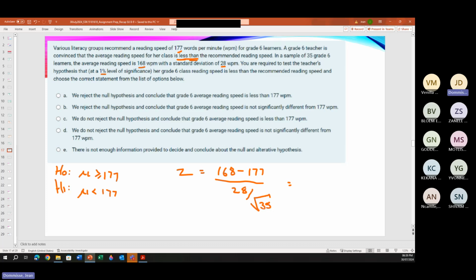That's not going to be a very nice number to work with. So at the top it's -9 divided by 28 divided by the square root of 35. Please just check if what I'm doing here is correct.